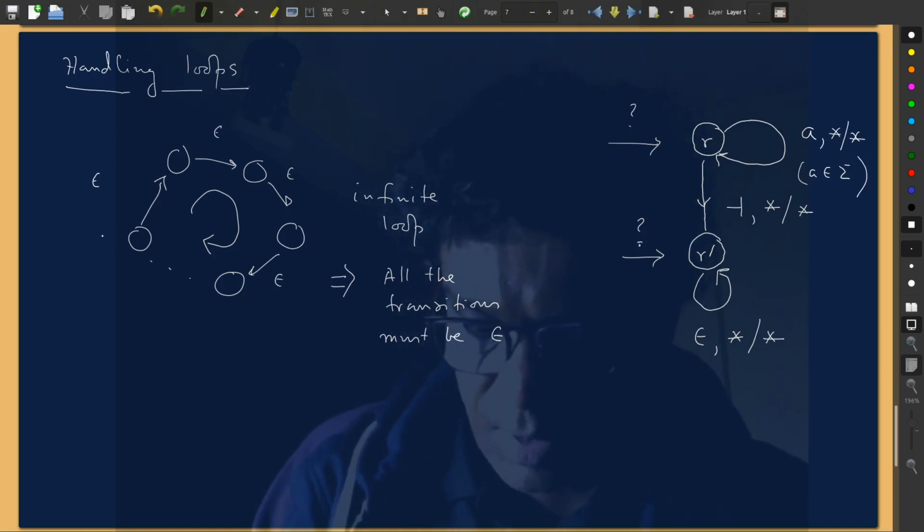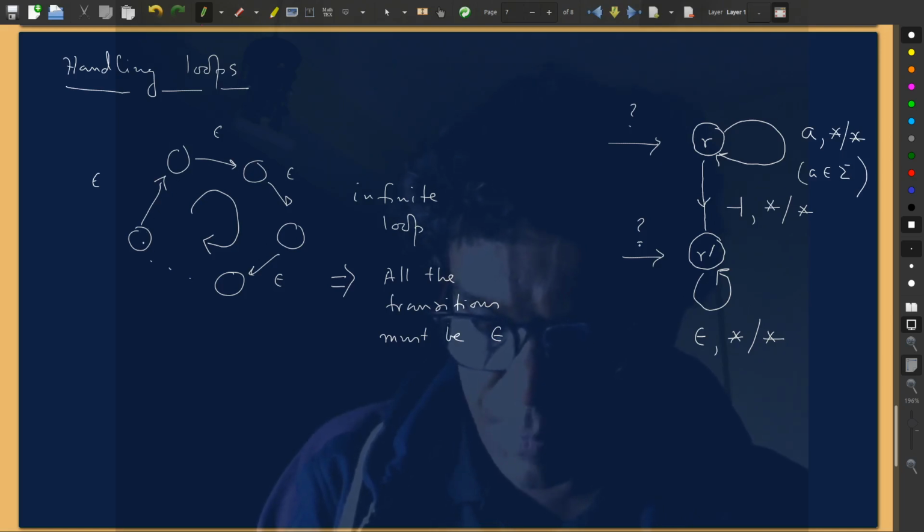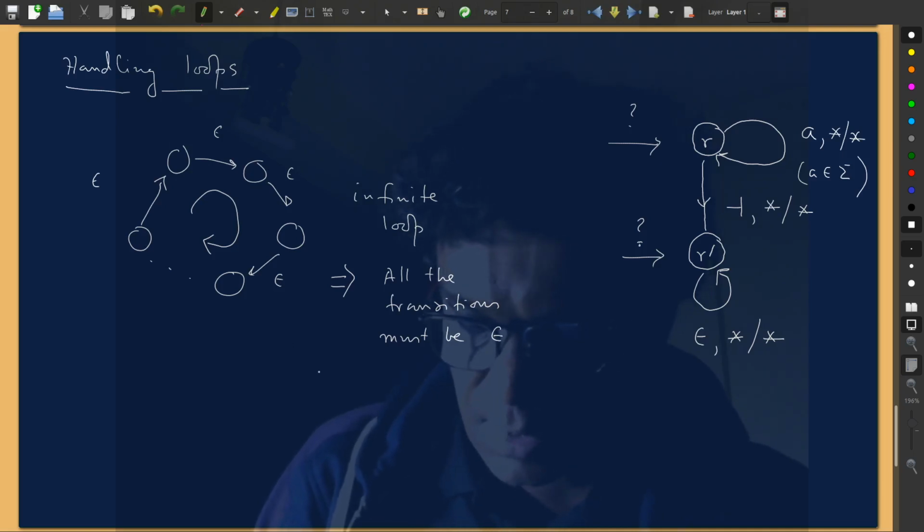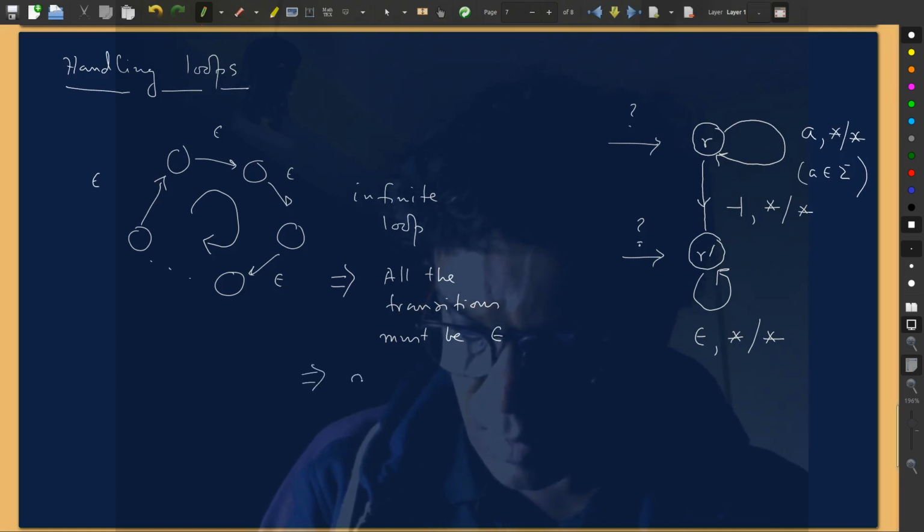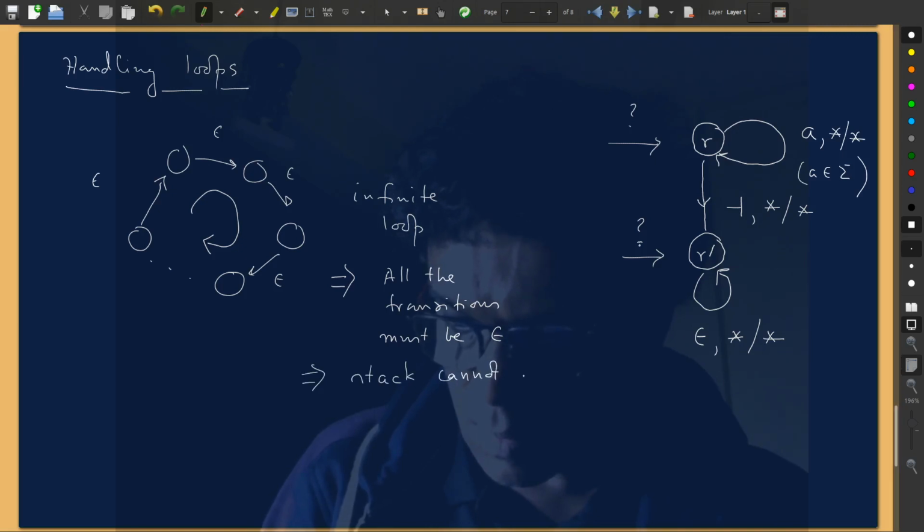Second, if you look at any point, here or here or here, when you eventually come back to the same state, the important thing is that the stack cannot eventually shrink in a loop.